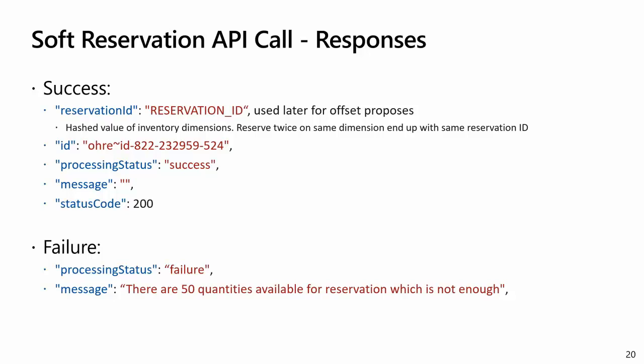Please note that there is no partial success status for a soft reservation request. When there are a few pieces of inventory available for reserve, but the user requests more, we would completely reject the operation, and there are no intermediate steps.